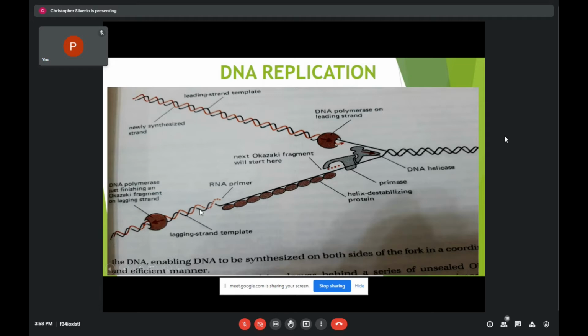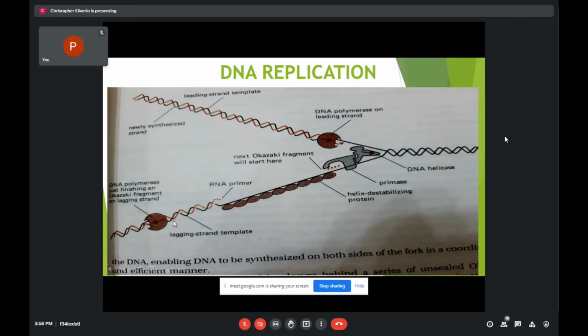Okay, let's go to this one. Okay, here is the RNA primer. Then the DNA polymerase binds into this RNA primer, and it starts synthesizing a new DNA strand.